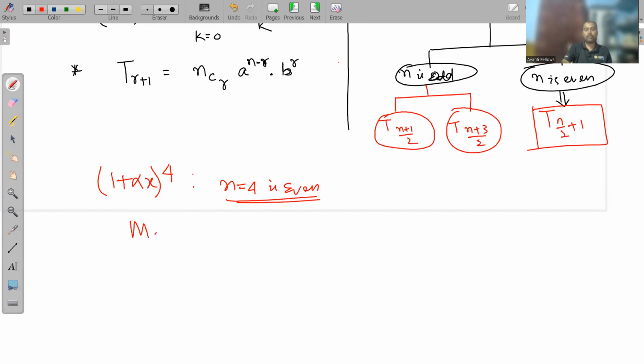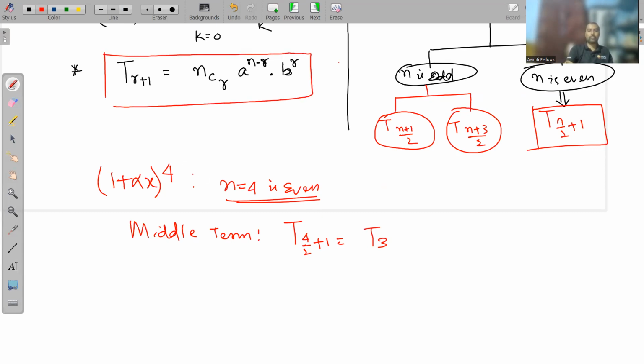Then the middle term is T of n by 2 plus 1, that is 4 by 2 plus 1, which is T3. We know T r plus 1, so we can write T3 as T of 2 plus 1. So here r becomes 2.